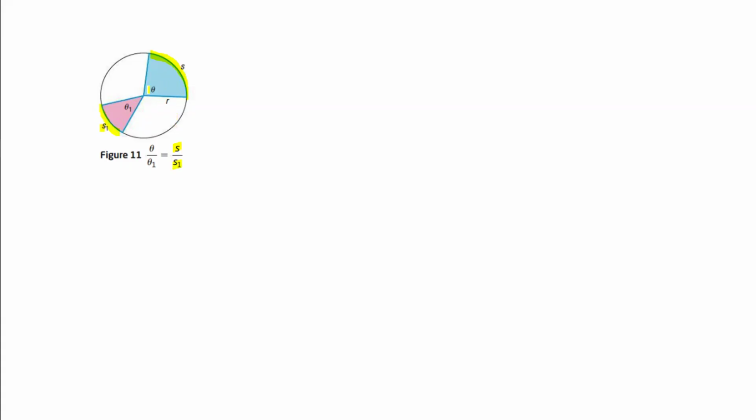And the ratio is maintained if we take the included angle in radians for S. So we're keeping S and theta on top. And then we're going to put the included angle for S1, theta 1, on bottom along with S1. So we've set up this geometric relationship.